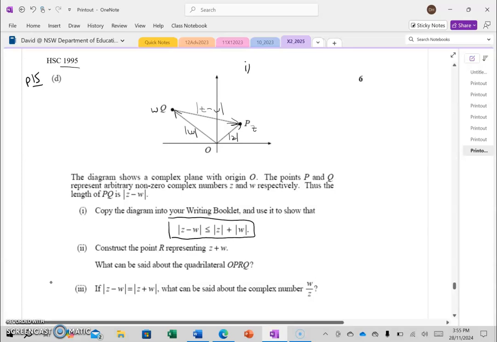So we're going to use the fact that the key idea of any triangle inequality is the sum of two side lengths in a triangle is greater than the length of the third.